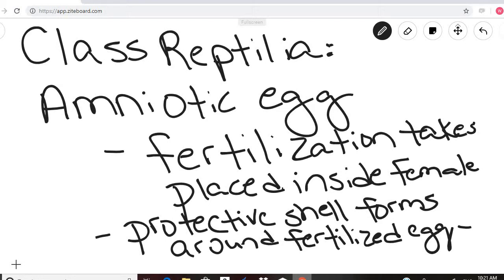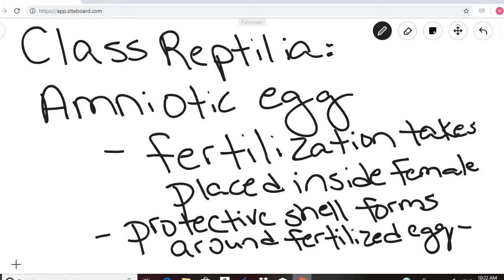And the reason for that protective shell, remember that the eggs laid by fish or amphibians, frogs, do not have a protective shell around them. They're laid right in the water.